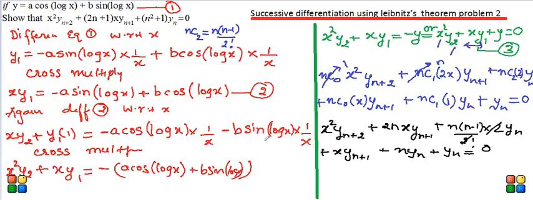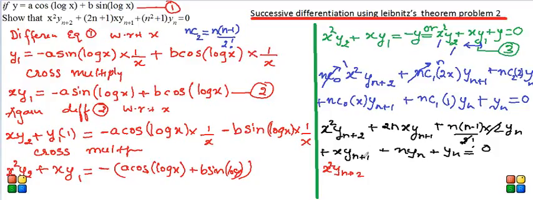And the final thing: x square y(n+2) as it is.